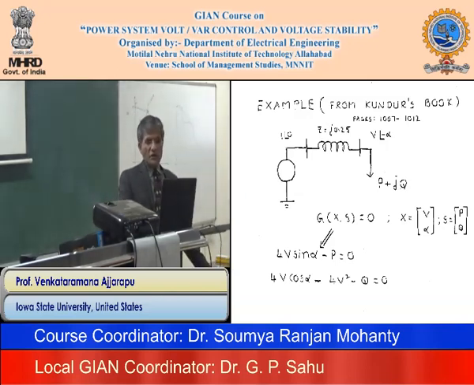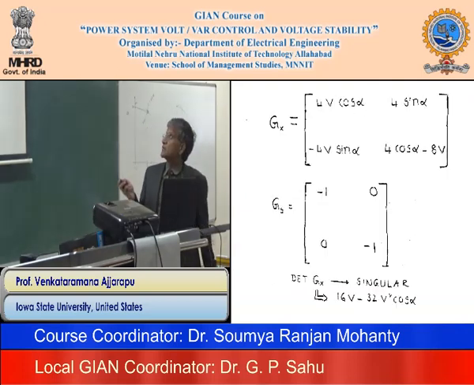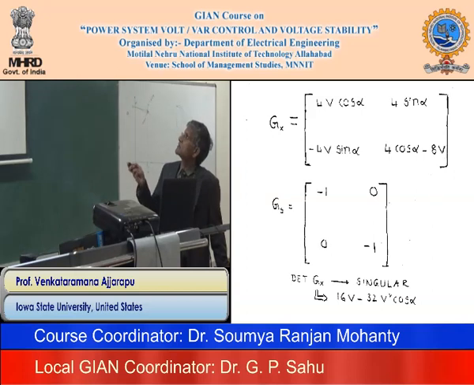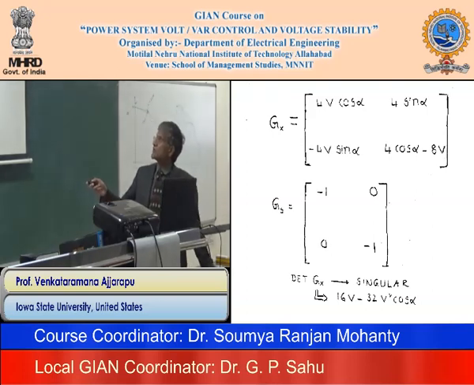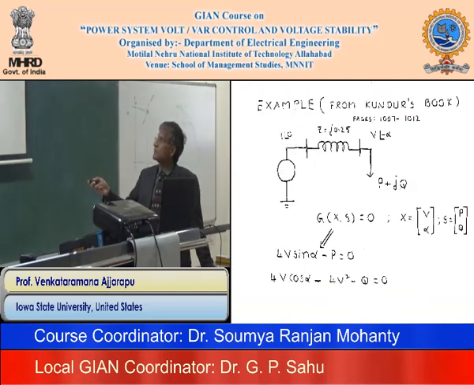And remember, now we have to calculate the Gx, as we did, because for the boundary point I need the Jacobian. This is the derivative of the two functions. And the Gs, as I mentioned before, you are differentiating these two with respect to P and Q. So dou of this with respect to P, dou of this with respect to Q, again dou of this with respect to P, dou of this with respect to Q. Right?